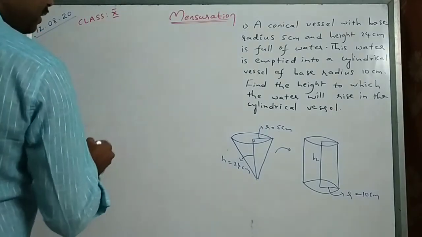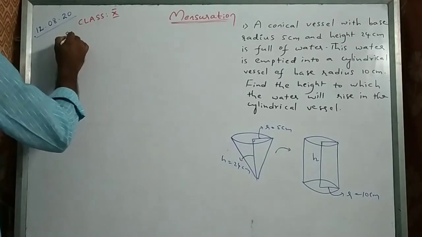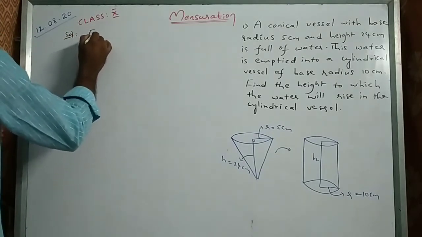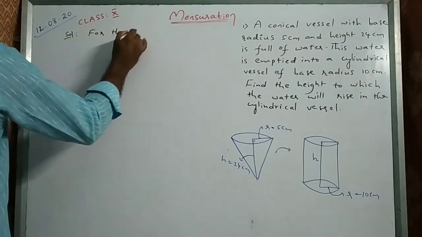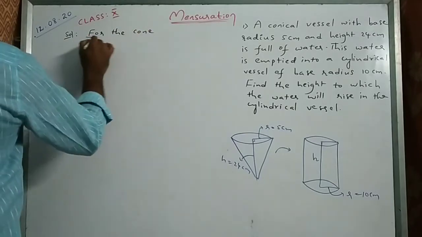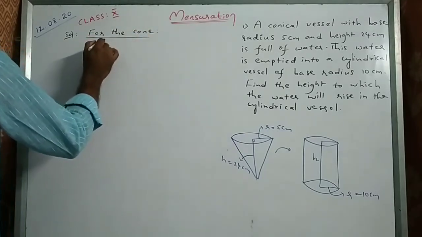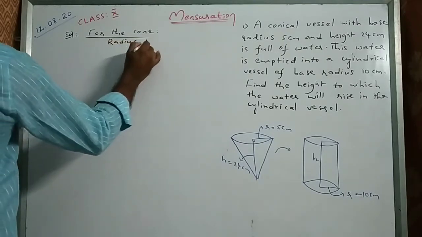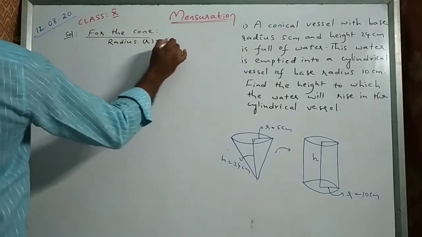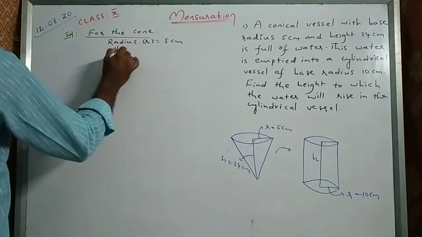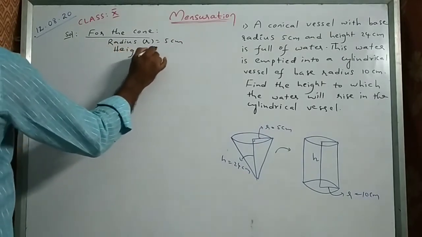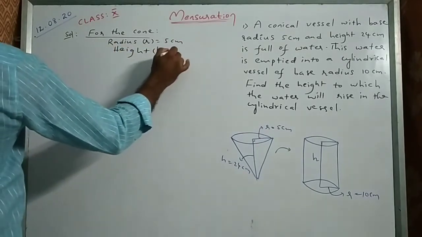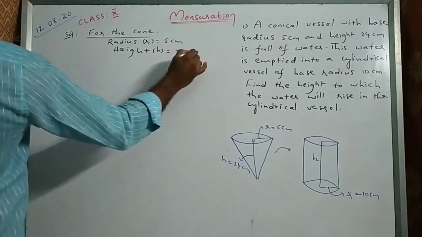What is given here for the cone? For the cone, base radius R equal to 5 cm, height H equal to 24 cm.